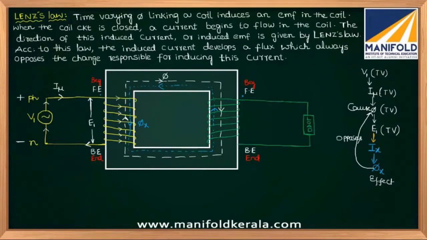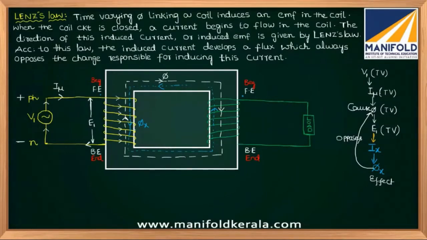To be frank, first IX will come, then only phi x will come. Then why did I show phi x initially? For making you understand, because here phi x opposes phi. I already know the direction of this white color flux, so I simply drew the blue color flux opposite to it. Now tell me, is the direction of this blue color flux downwards or upwards?